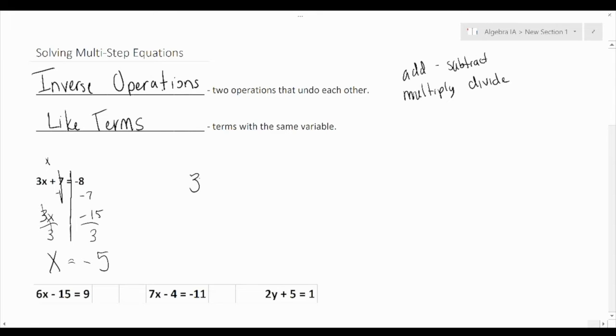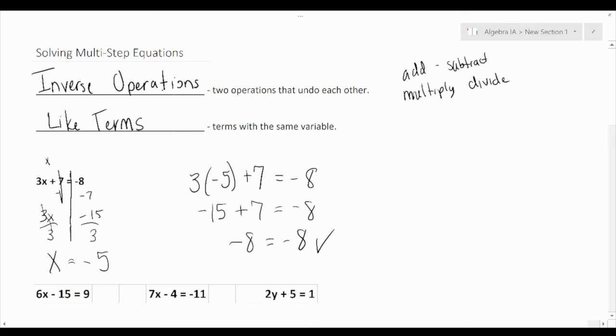So you're going to have 3 times negative 5 in parentheses plus 7 equals negative 8. Now, 3 times negative 5 will give me negative 15 plus 7 equals negative 8. Negative 15 plus 7 will give me negative 8 equals negative 8. And that is true, so this equation checks.